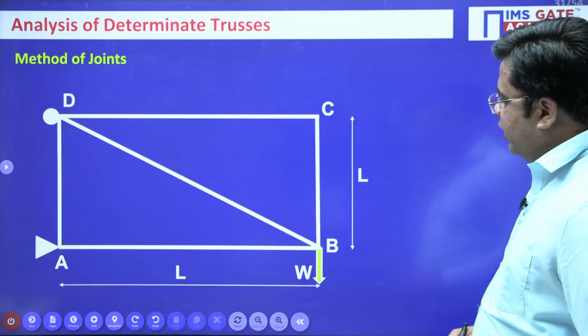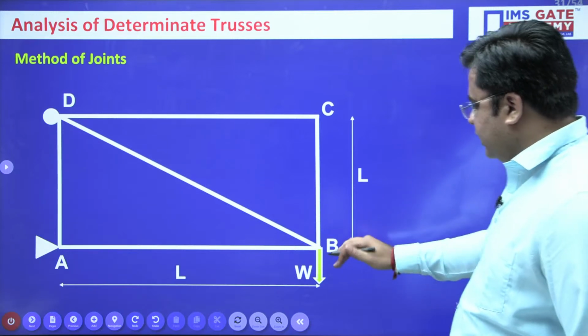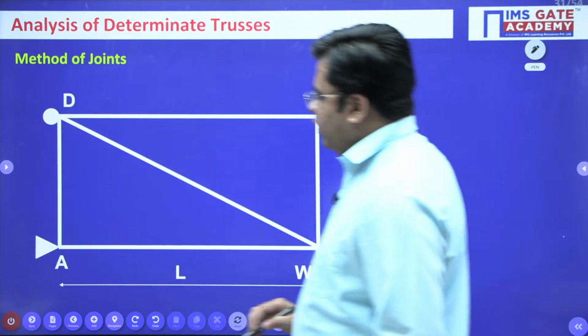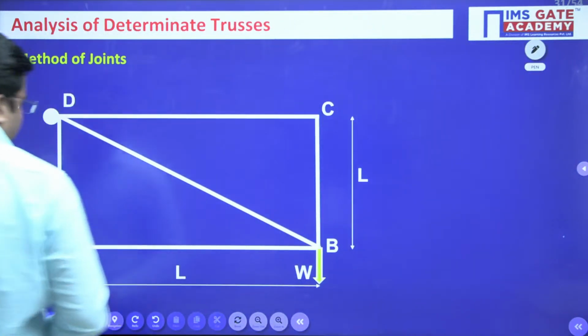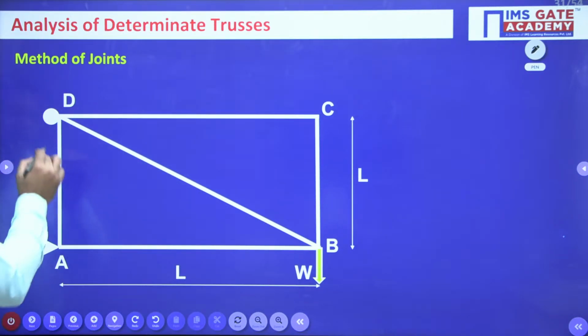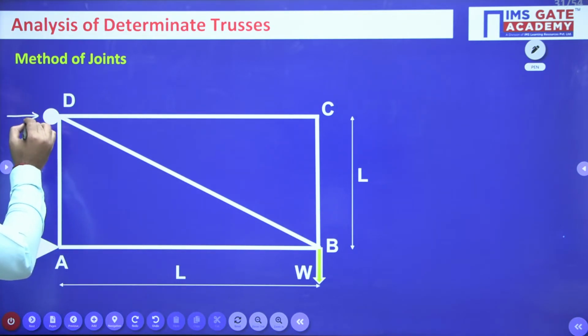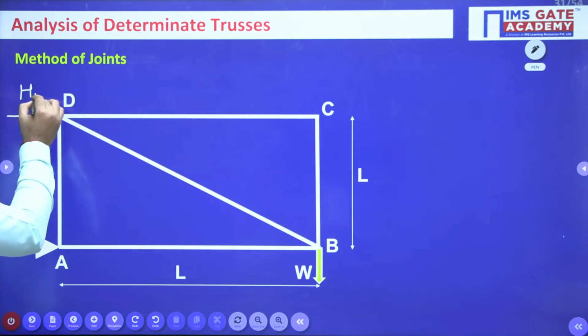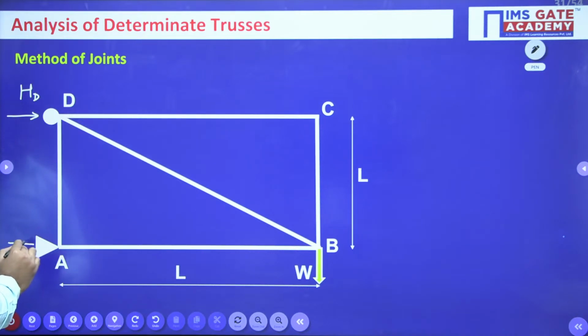So here you need to find out the forces in the members, right? So in order to find out the forces, what I can do is, first I'll find the support reaction. So here I have a roller support at D and at A, I have a hinge support like this. So this is your HD and this is your HA, and this is my VA, right?